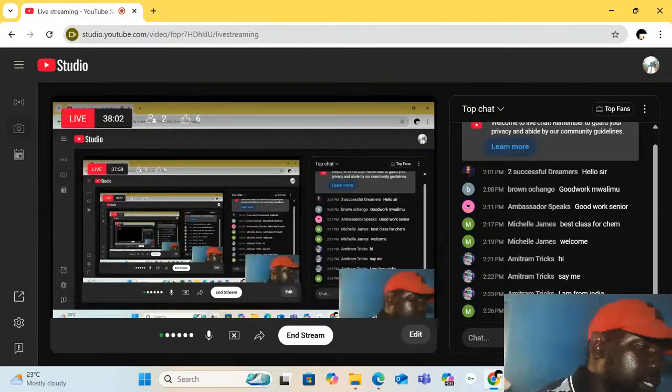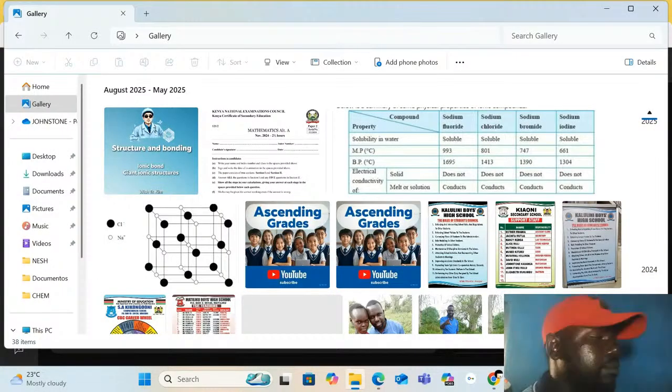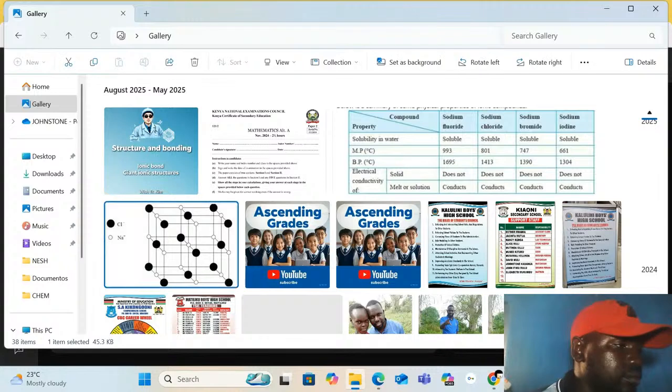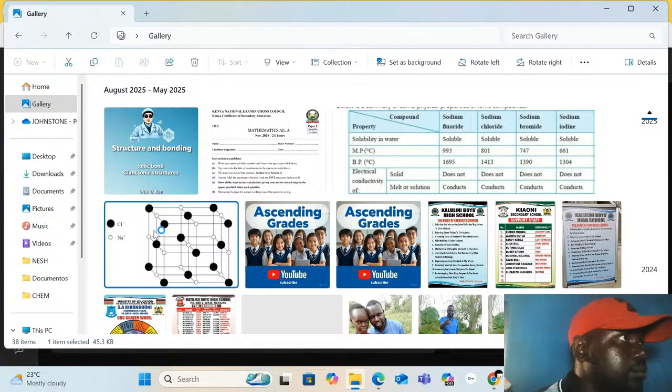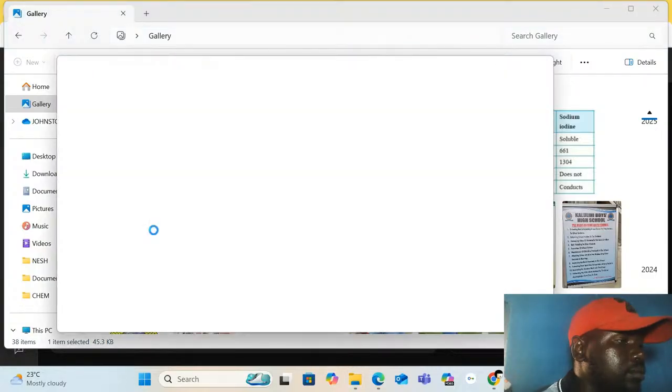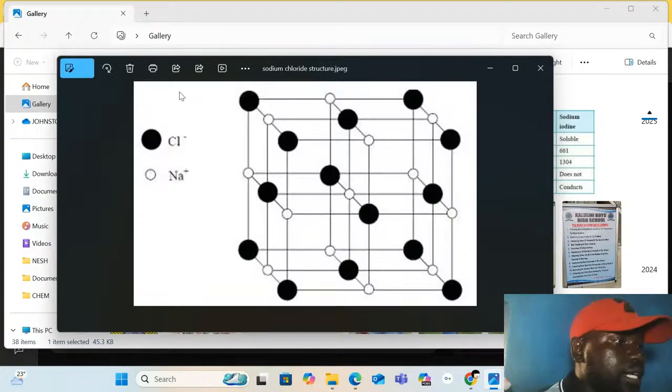So now we can still continue. We are looking at the structure of sodium chloride. Yes, here is the structure.